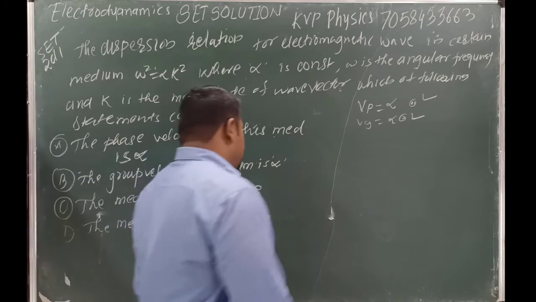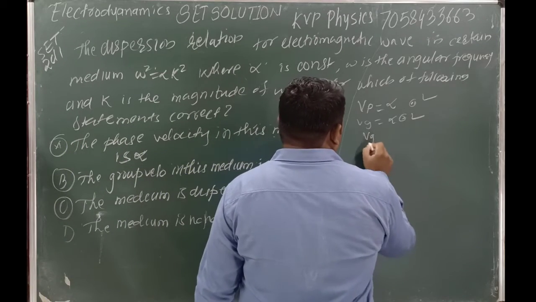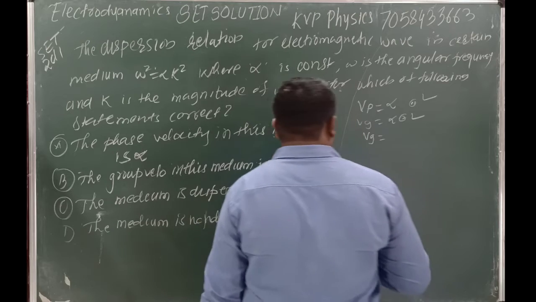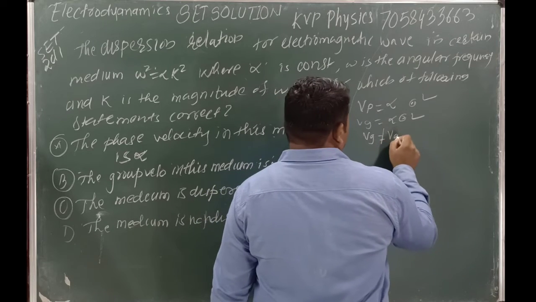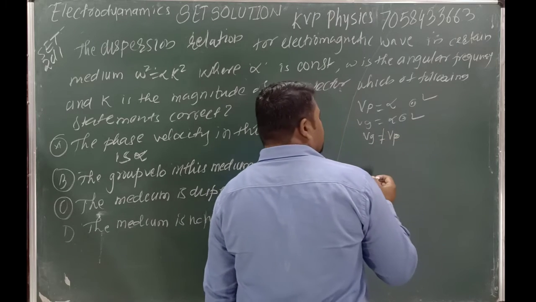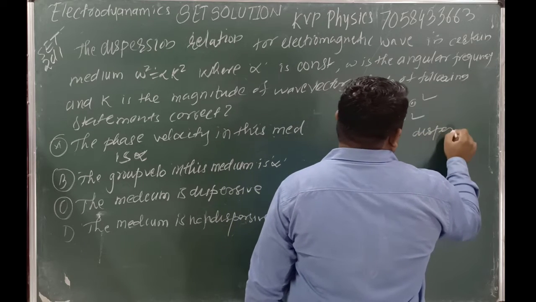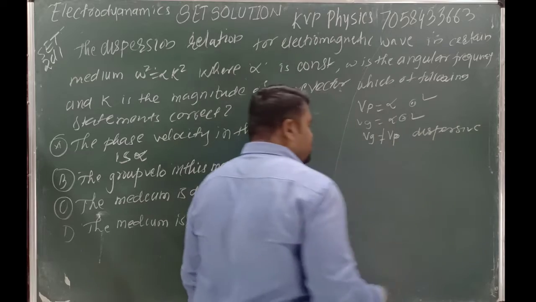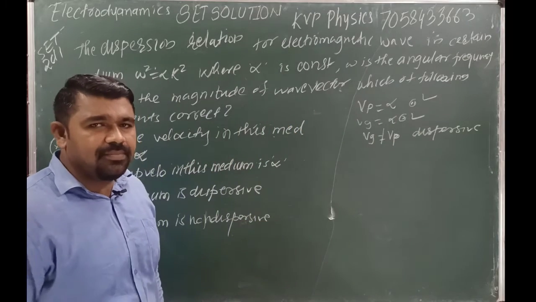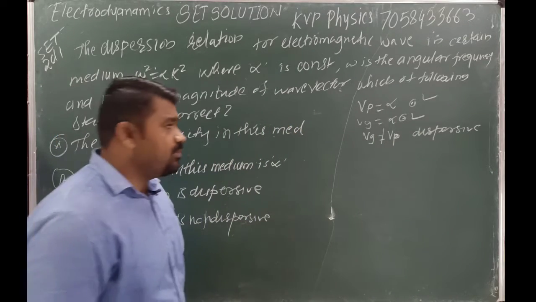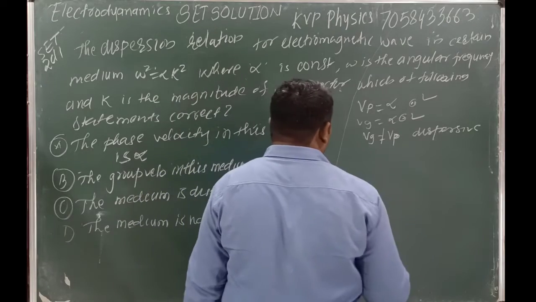Next, suppose Vg is not equal to Vp. Then we can say this is a dispersive medium. Dispersive medium means the velocity depends upon wavelength. Wavelength changing means velocity also changing.